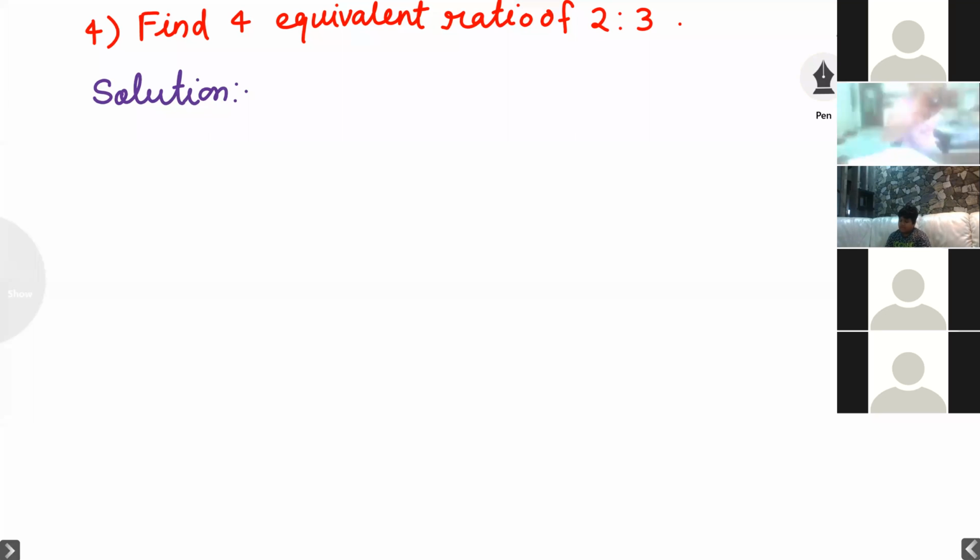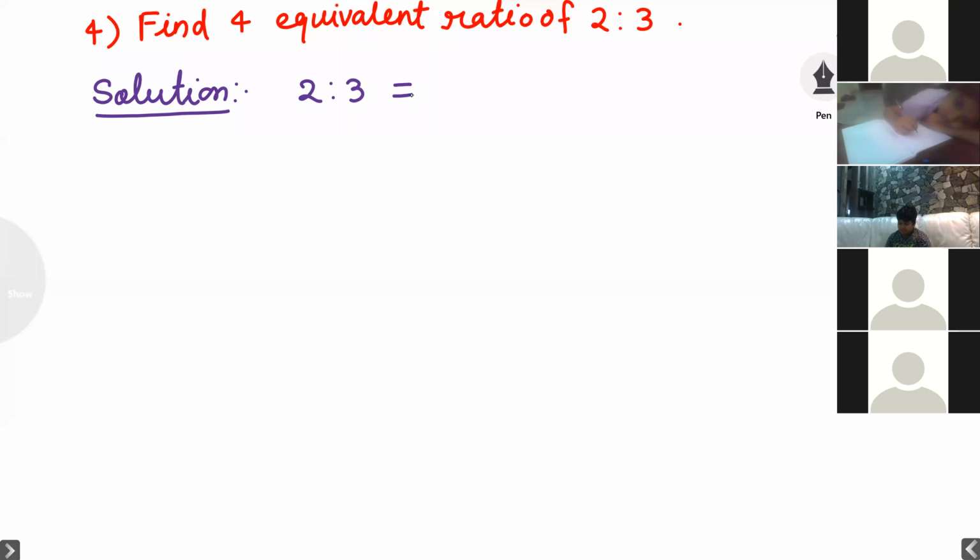The ratio he has given is 2 is to 3. Firstly, I want to convert the ratio into fraction form, 2 by 3.